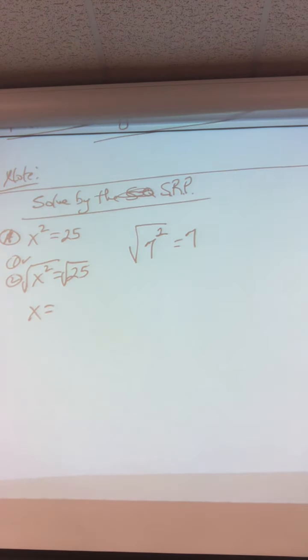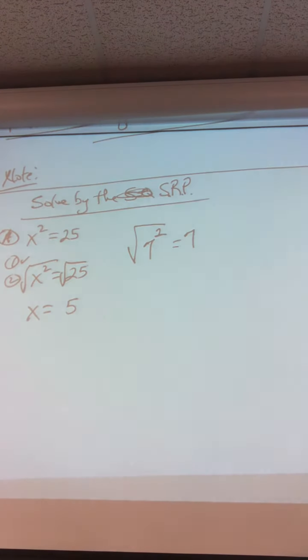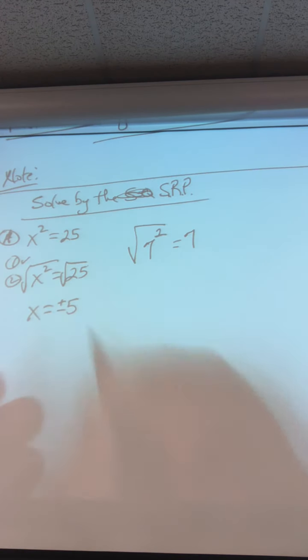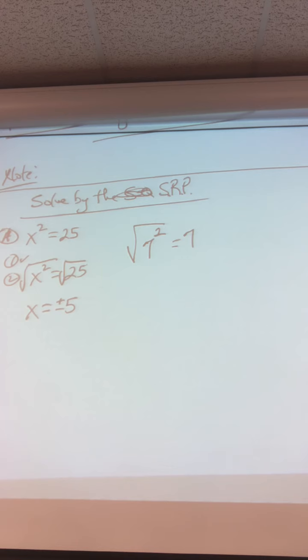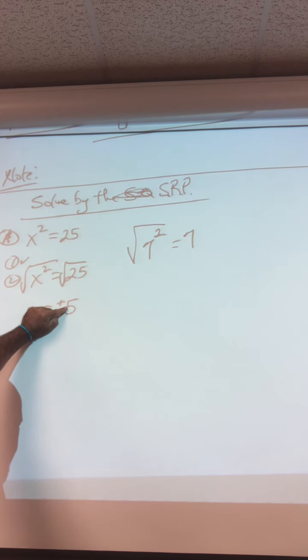Equals. Now, square root of 25 is 5. But now I need to talk about something else: the plus or minus symbol. This is the plus minus symbol right there. Now, why plus minus? Here's the reason. The square root of 25 is 5 because what is 5 times 5?